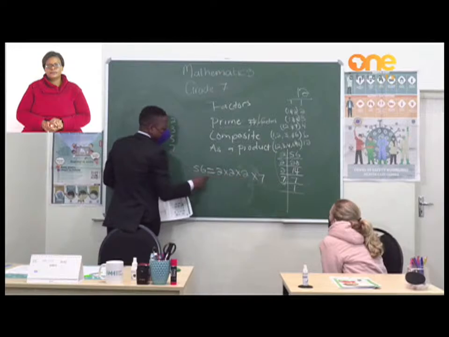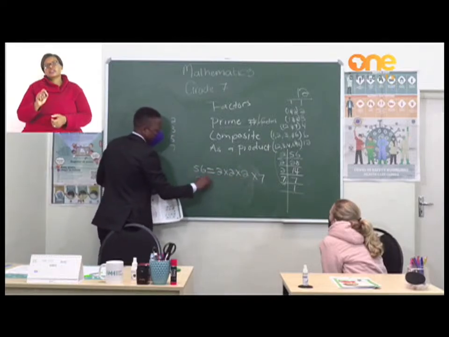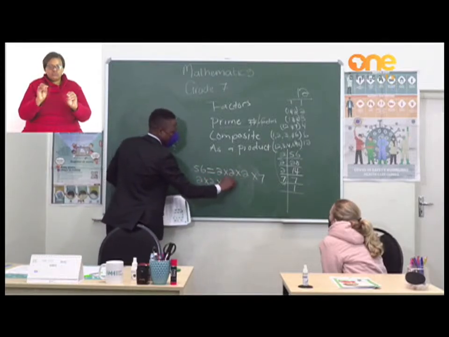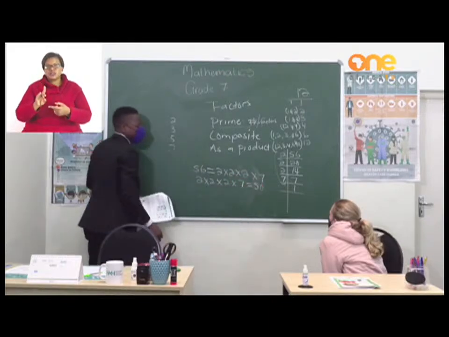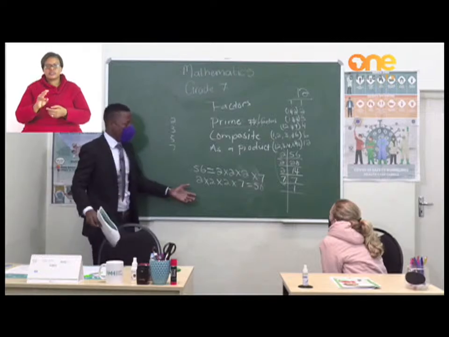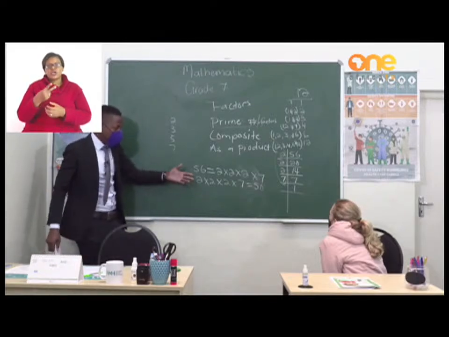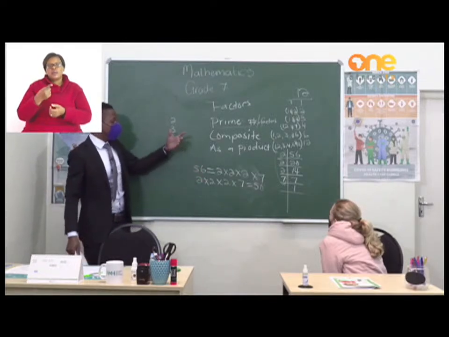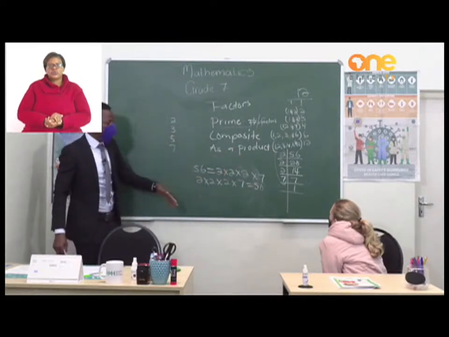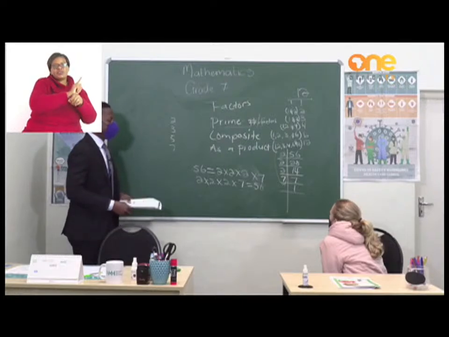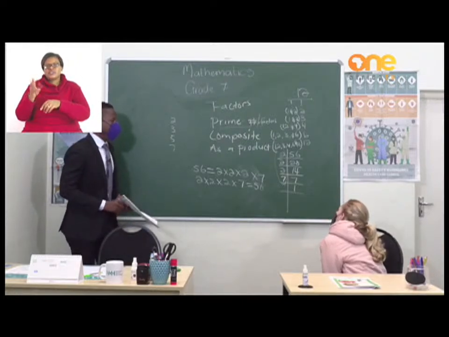Or you can write it 2 times 2 times 2 times 7 gives 56. They are both correct. The only arrangement I changed is 56 to be on the other side and here to start. So it's still the same.